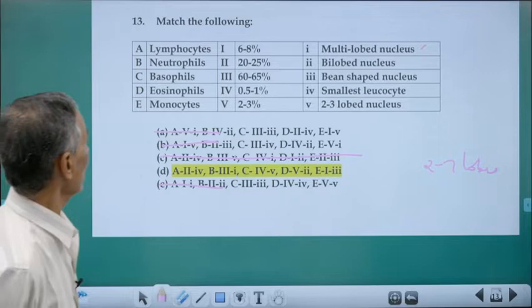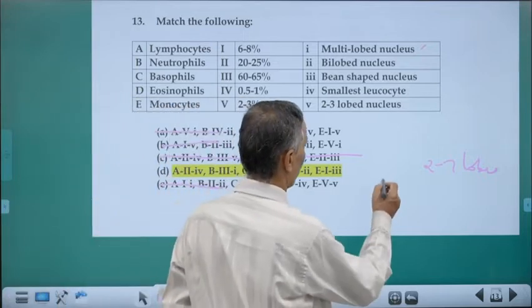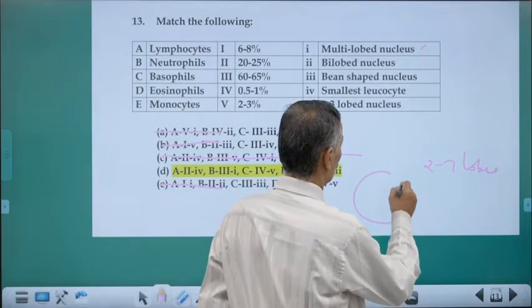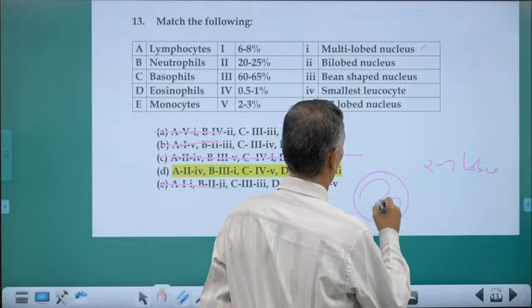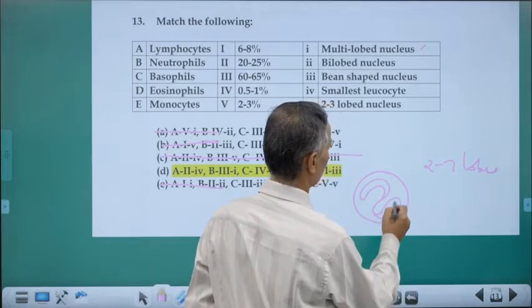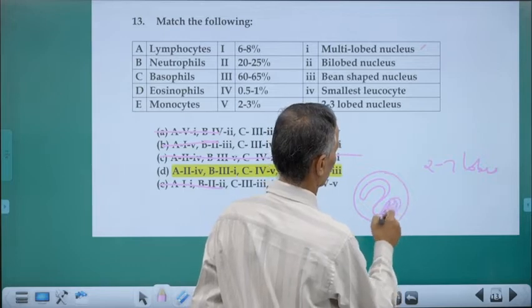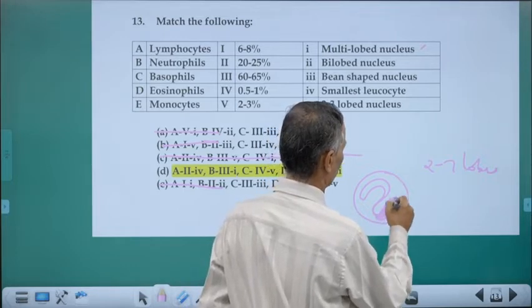And how can you identify them? They have two to three lobes, almost like this. These are all granulocytes.